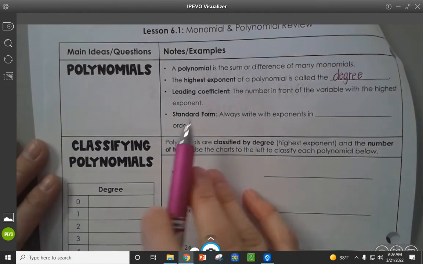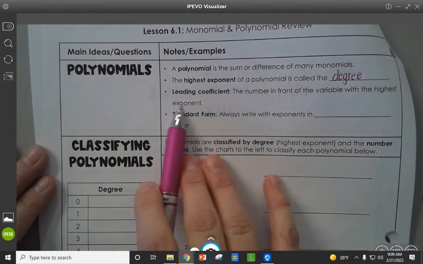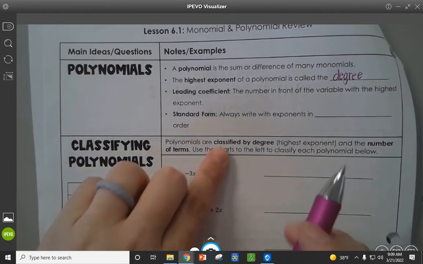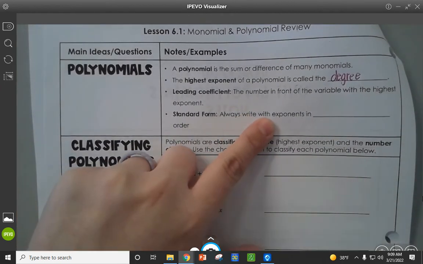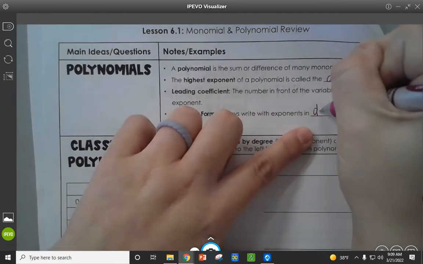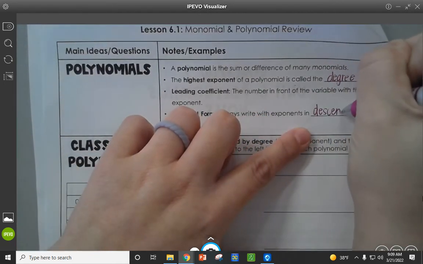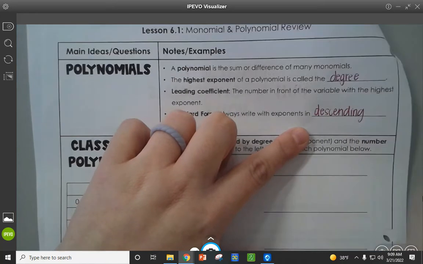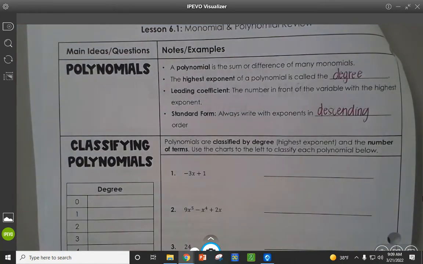And usually we want to write our polynomials in standard form, where the exponents go biggest to smallest. That's called descending order. So if I have an x to the fourth, that's listed first, and then x cubed, and then x to the second, and then just x, and then just my number.